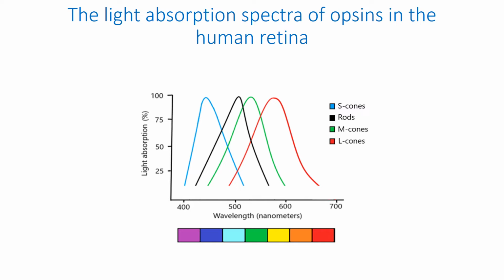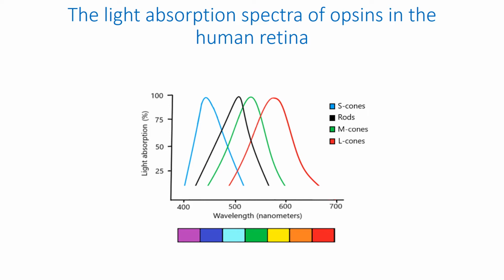It also contains retinal and one of three opsins: long wavelength sensitive opsin, which has peak sensitivity in the yellow-green part of the electromagnetic spectrum, but usually is called red opsin because it is more sensitive to red than the other two human opsins; middle wavelength sensitive opsin, having peak sensitivity in the green part of the electromagnetic spectrum; and short wavelength sensitive opsin, having peak sensitivity in the blue part.